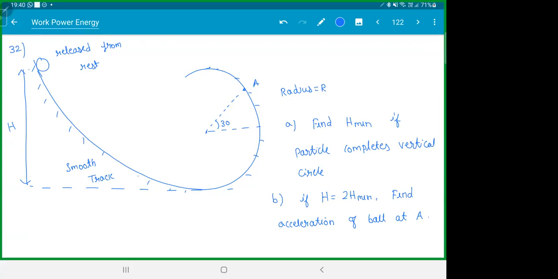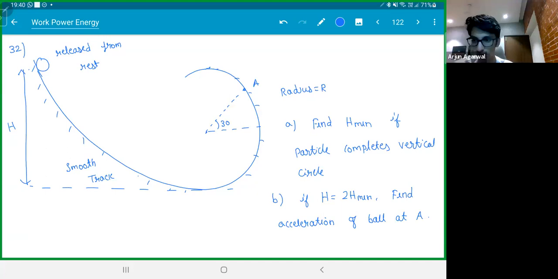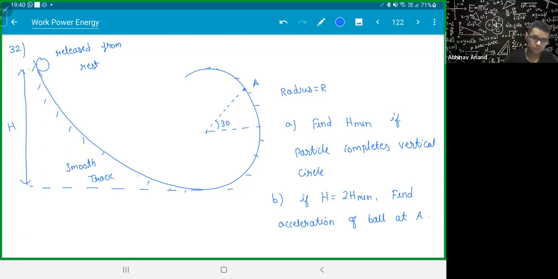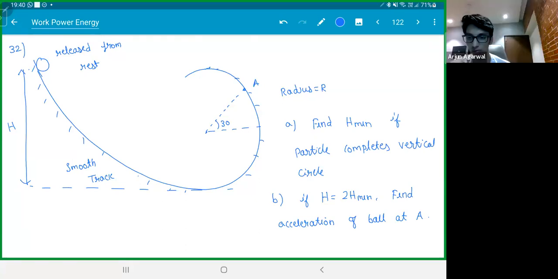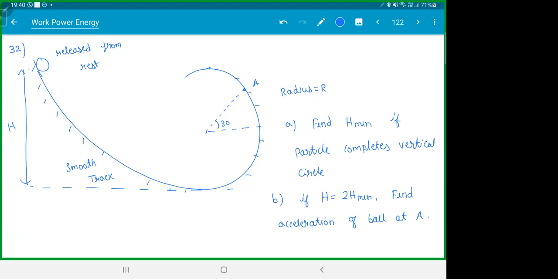We'll wrap up the chapter next class. Friday we'll wrap up work power energy. What are they doing in PACE right now? They started ray optics or center of mass collisions? So both. Did they start any new chapter other than work power energy, or nothing? Cool, sir, but they'll start center of mass tomorrow, and on Saturday they'll start ray optics. Okay, so we started both. We'll start one of them.